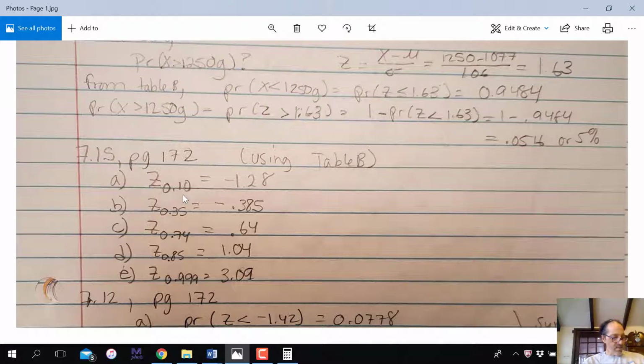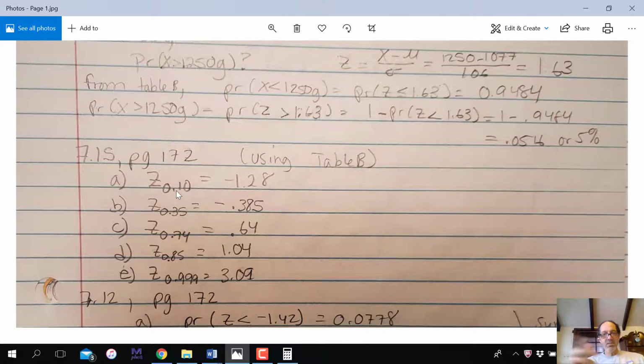Ooh, this is tough. Okay, if I go down to the row that's labeled minus 1.2 and go across that row, I'm getting closer and closer to 0.10. Say at minus 1.27, I'm at 0.1020, and move to the right to minus 1.28, I am really close. Minus 1.29, I get a little further away. So it's probably 1.28, and yes, indeed, it's minus 1.28. So that's the z-score associated with it being at the 10th percentile.